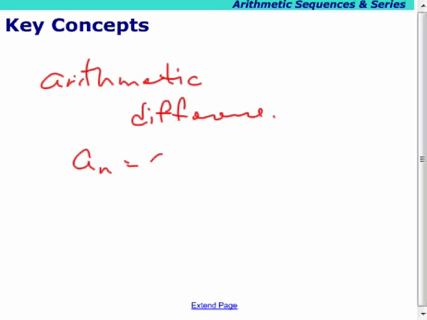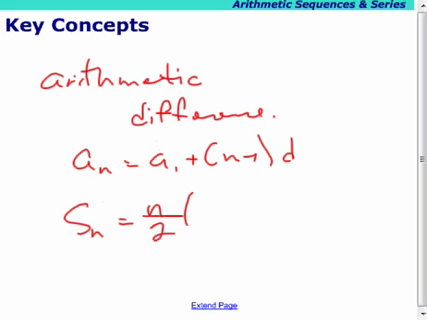And we found that there were two formulas that we could use to solve questions that deal with arithmetic patterns. This would be a term formula, and this would be a sum formula for determining the number of poles, or adding up the numbers in a list.